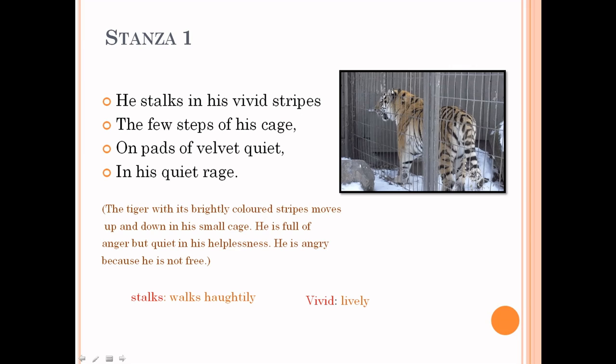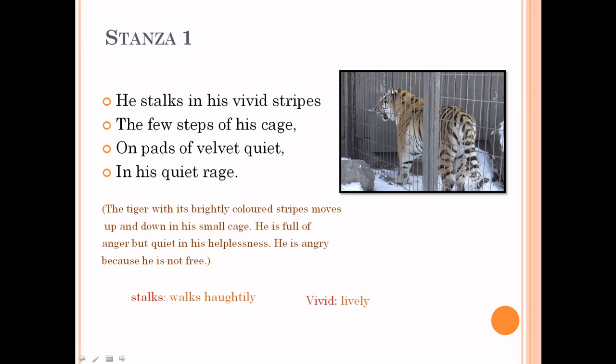So the tiger who is locked behind the bars can only walk the few steps of his cage on pads of velvet quiet. Because the tiger has padded feet like a cat's feet, you must have seen. So he is moving quietly in his quiet rage.